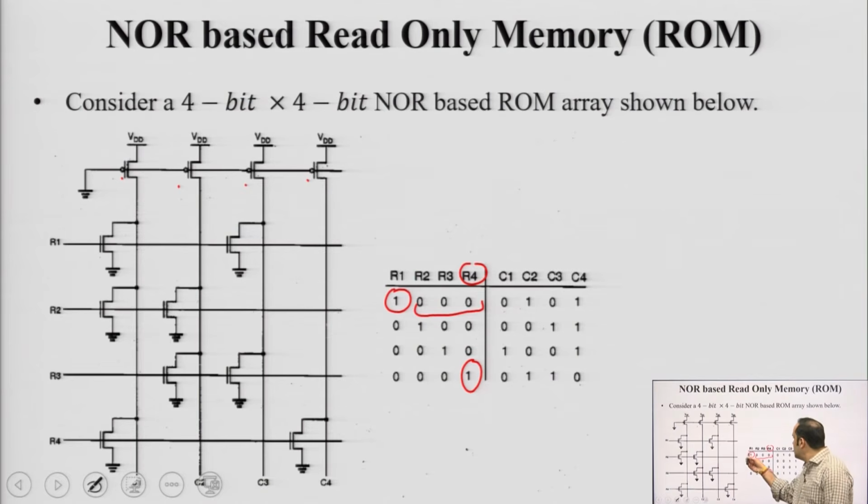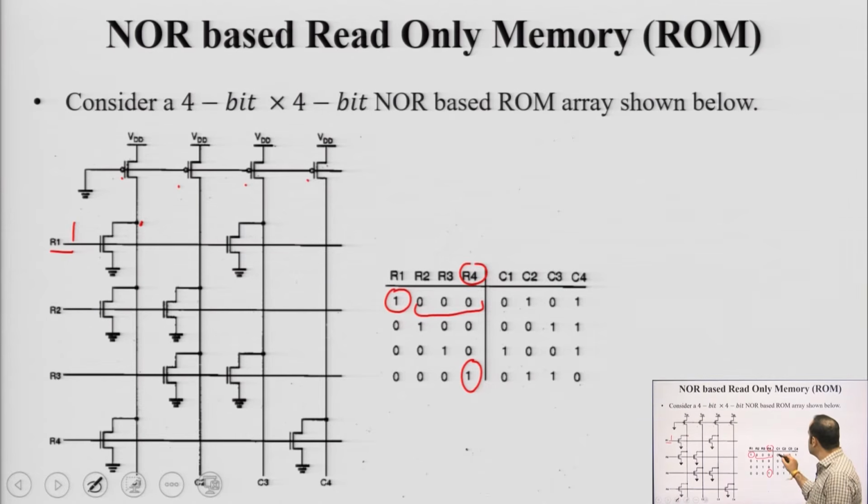So, suppose here when you have access to row R1, if you put logic 1 here, this NMOS turns on because the gate is connected to logic 1. Okay. And here if you see an active device connected here, so this becomes like a closed switch. So, this column here C1 gets pulled down towards ground.